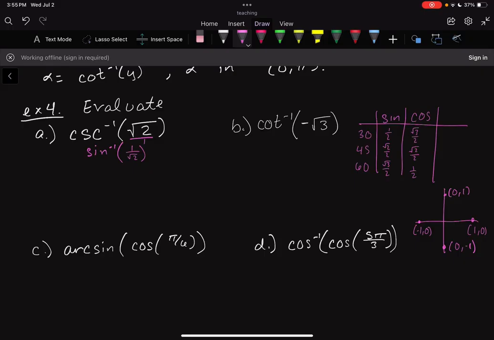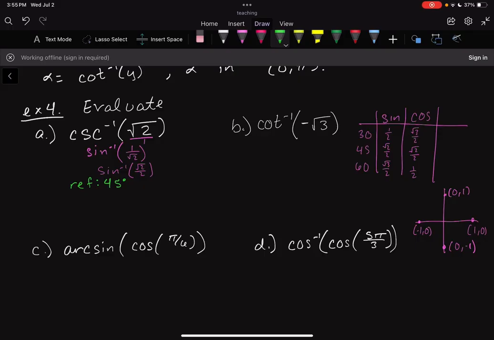Now be careful. 1 over root 2 is the same as root 2 over 2. So what I want you to think about for this one is, where is sine root 2 over 2? And that's going to happen at 45 degrees. So my reference here is 45 degrees. Sometimes just boiling these back to sine and cosine can be really helpful. But we do have to pick our quadrant.